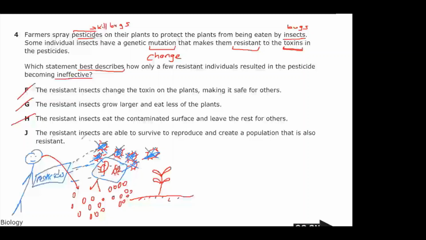The resistant insects, like those last two, are able to survive, right? They are able to survive to reproduce and create a population that is also resistant.